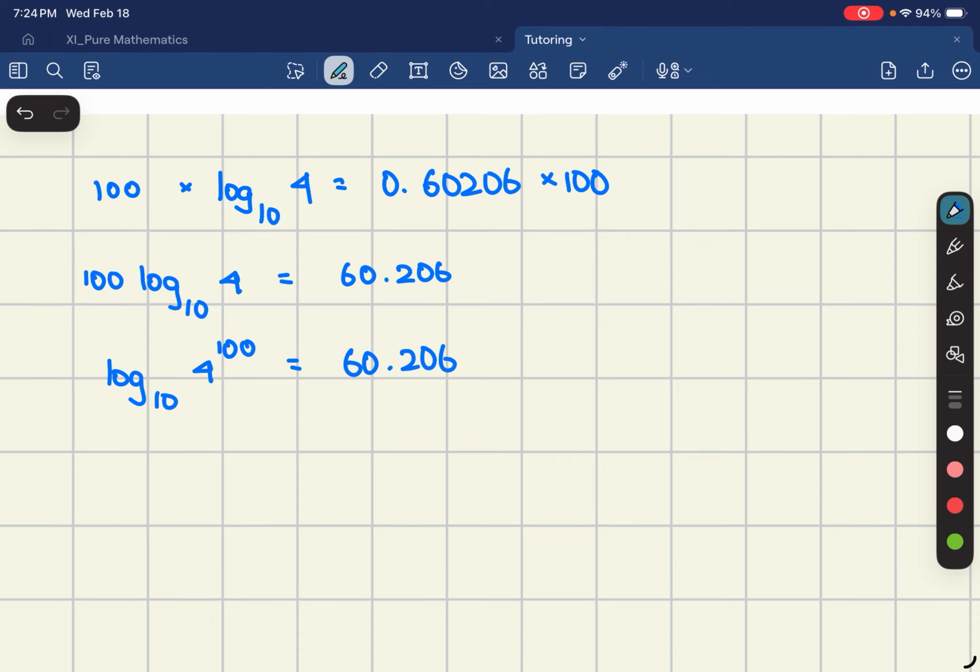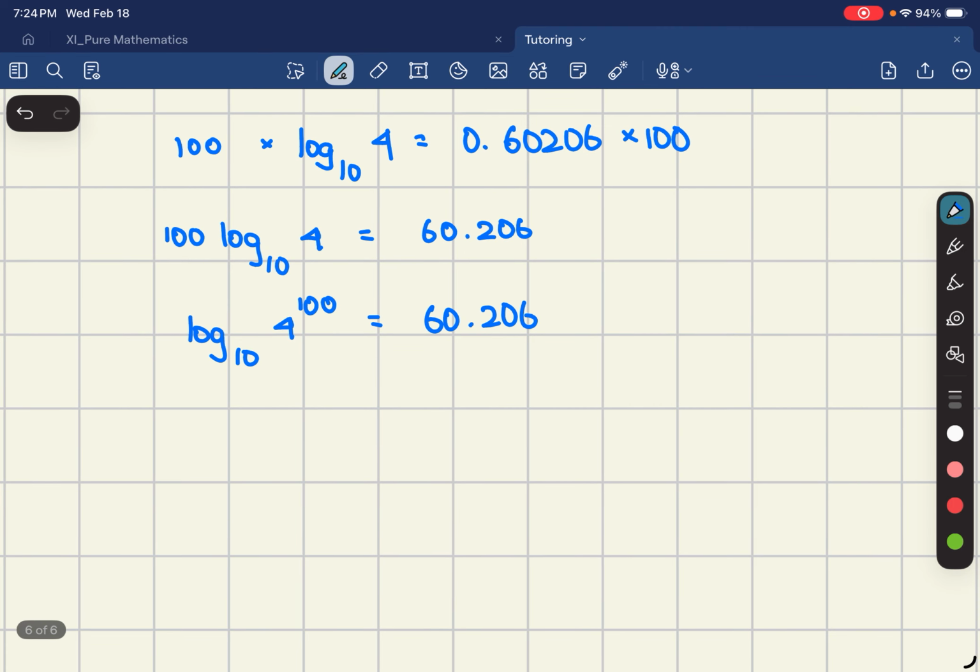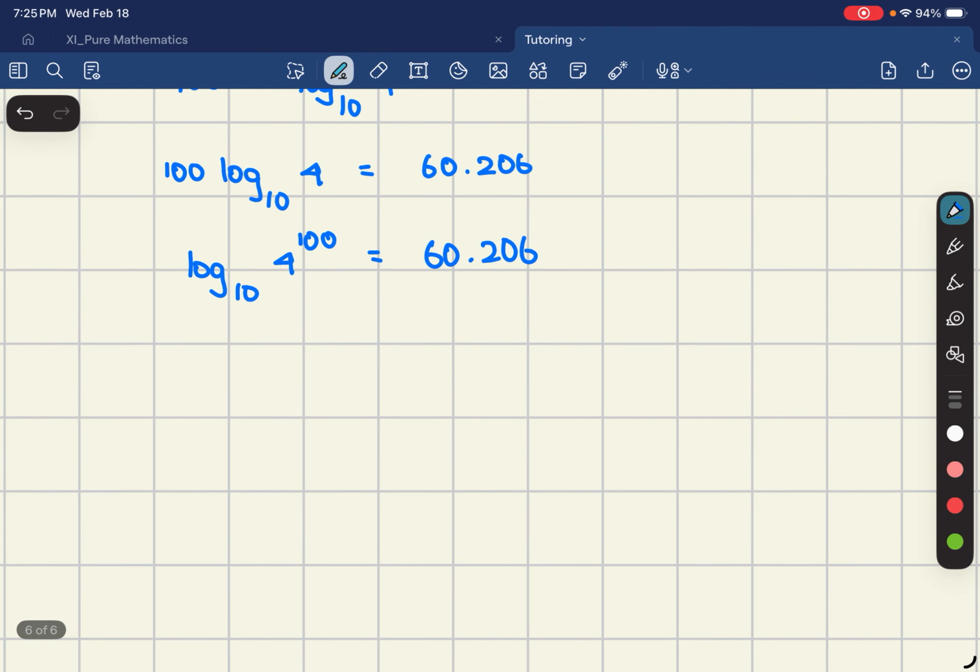Now, because these expressions are equivalent, I can just exponentiate 10 to these numbers. So 4 to the power 100 should equal 10 to the power 60.206.